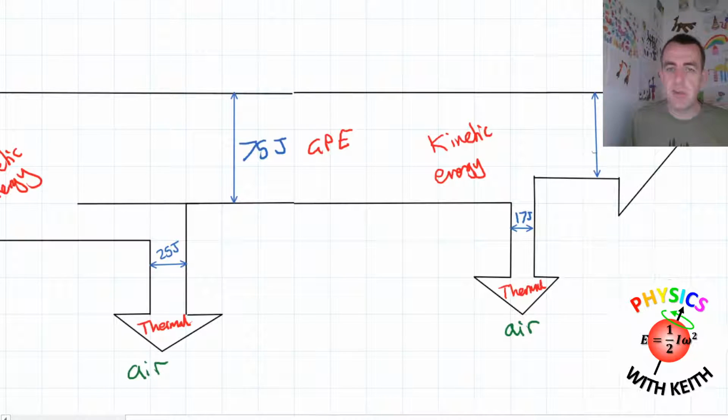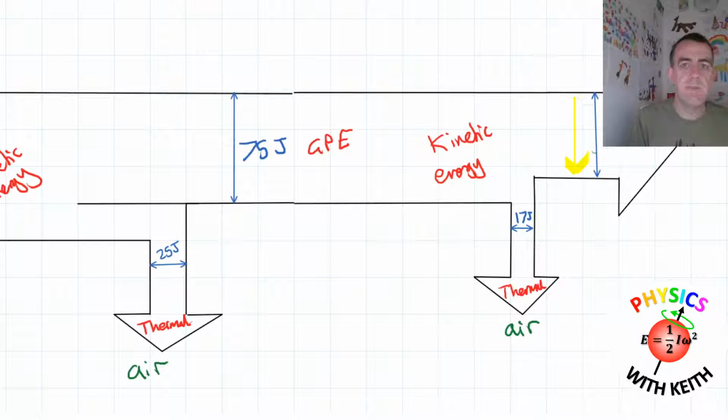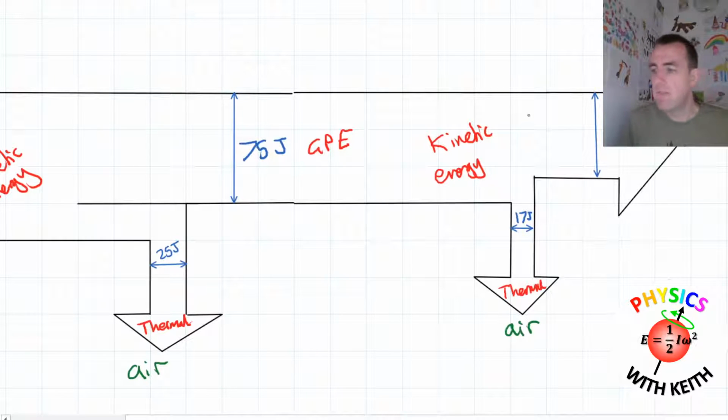And what is left to be the thermal energy that goes into the hand. So you can work this out. What I'm asking is, what's the width of this arrow here? 58, yeah, pretty good.